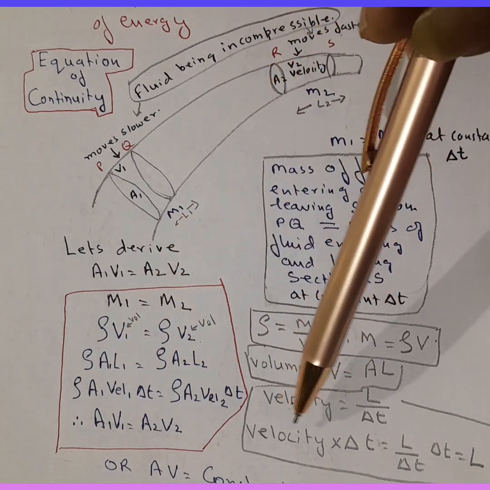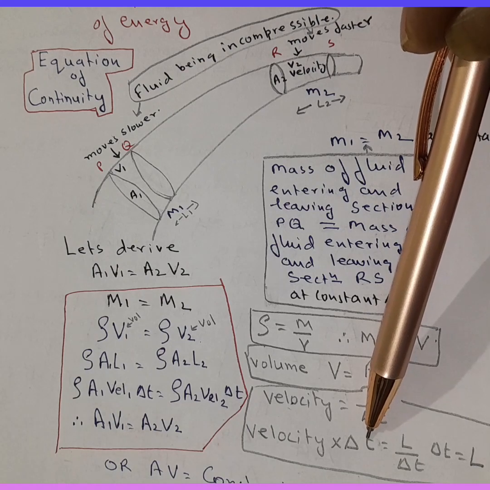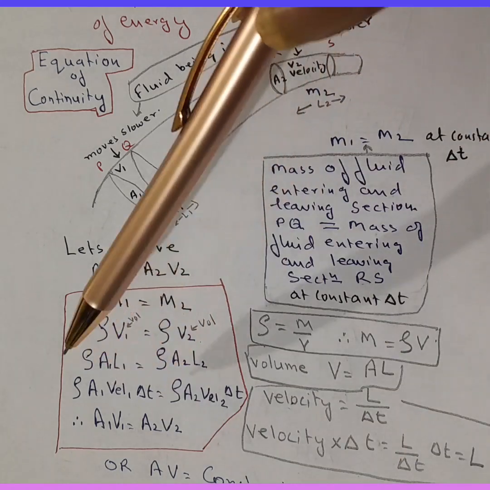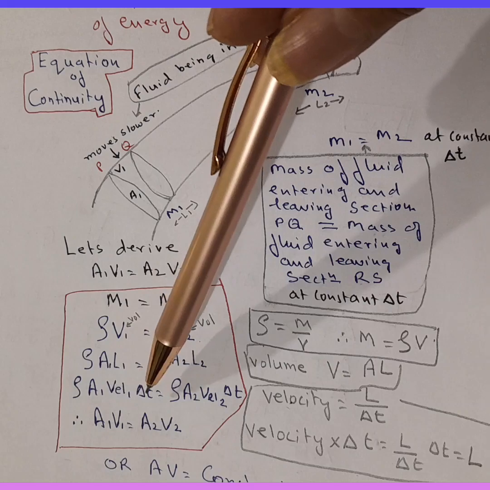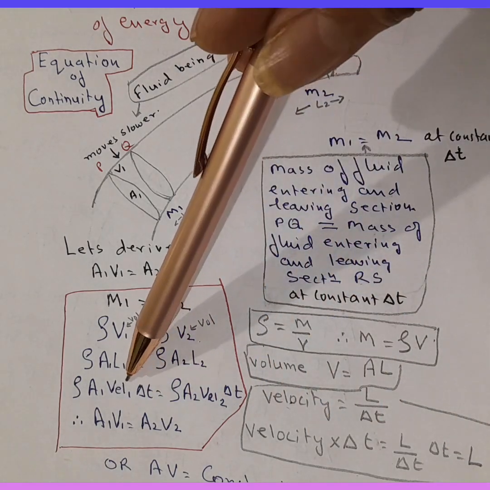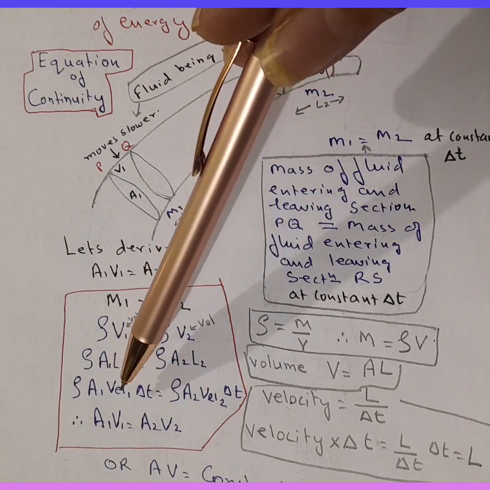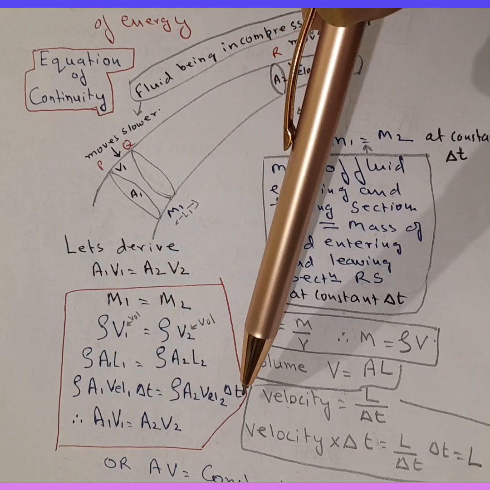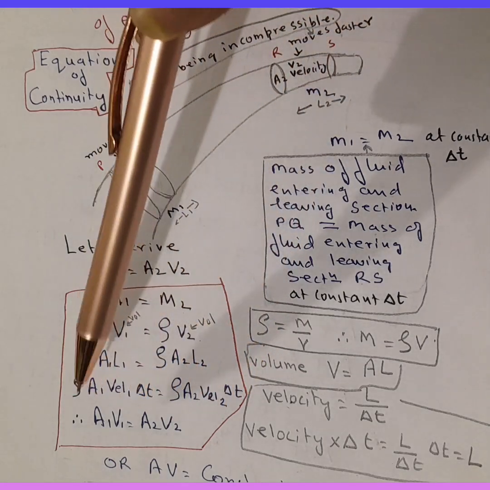Now we also checked over here that velocity into delta T is equal to L. So instead of L, we wrote velocity into delta T. So rho A1 velocity 1 into delta T is equal to rho A2 velocity 2 into delta T. So all these things get cancelled.